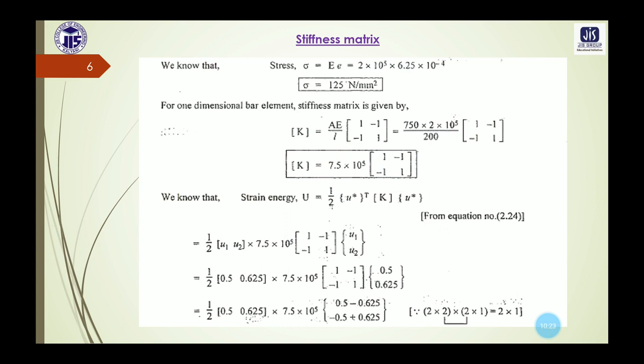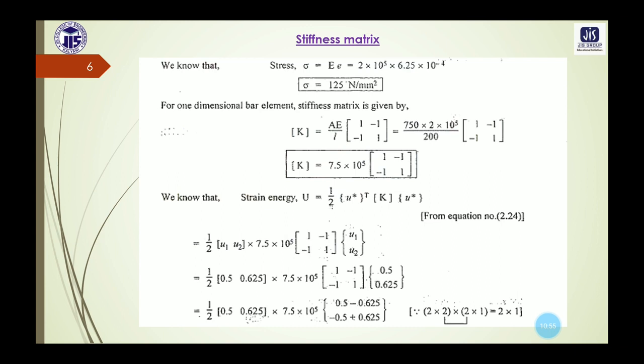Now for the transpose of the U star matrix, that means U1 and U2, this row matrix, we can put the value of the stiffness matrix from the fourth part of this numerical, which is 7.5 into 10 to the power 5 multiplied by the symmetric matrix, and then instead of the U star matrix we can write the column matrix of U1 U2.